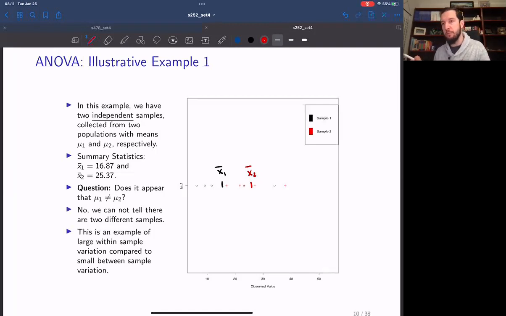because each sample has a high within sample variation, the difference between those means is masked, so you can't tell they're different. Now, when I say within sample variation, what I mean is the variation within the red and the black groups separately.